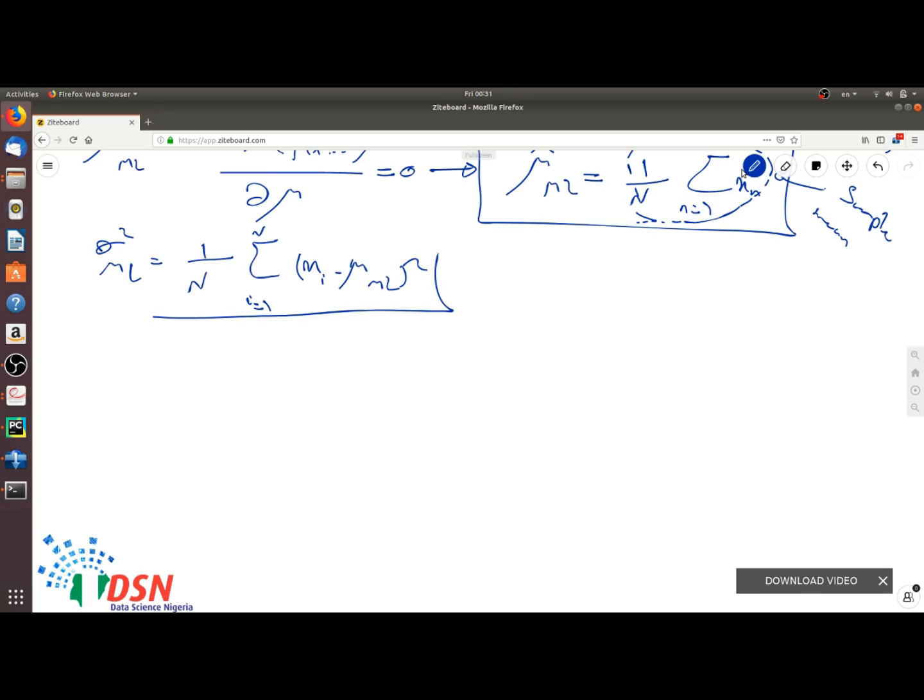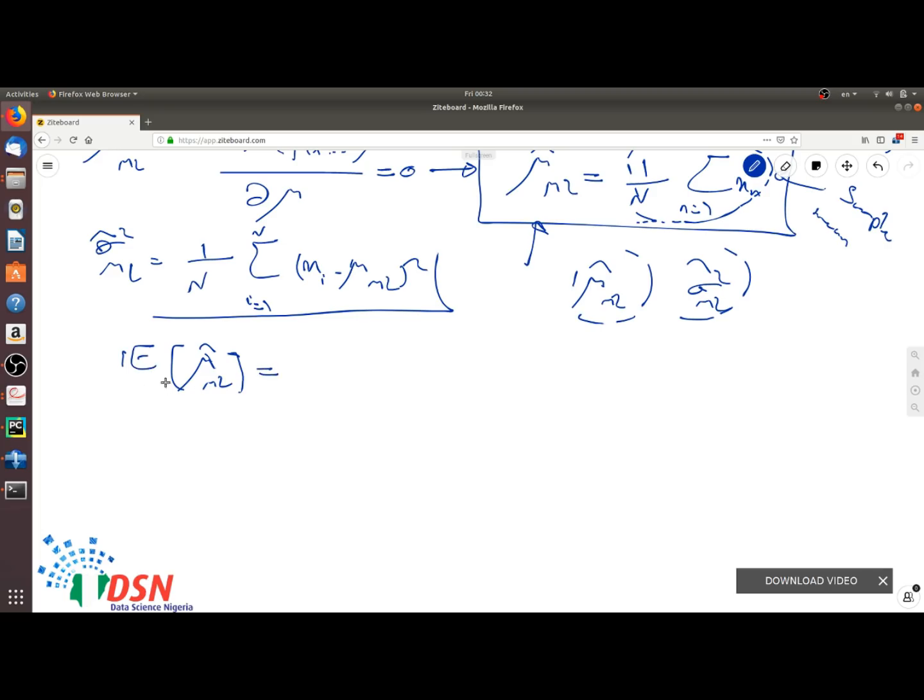Now sometimes it is important to know that if we see our estimation as a random variable and we repeat the experiments many times, we want to know whether our estimation is biased or unbiased. In other words, let's take the expected value of mu hat over the data set.